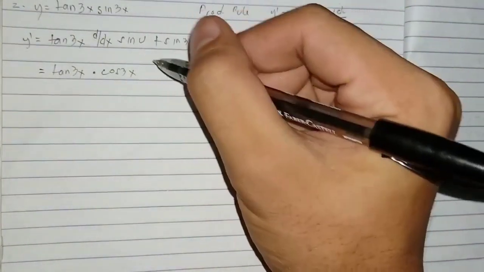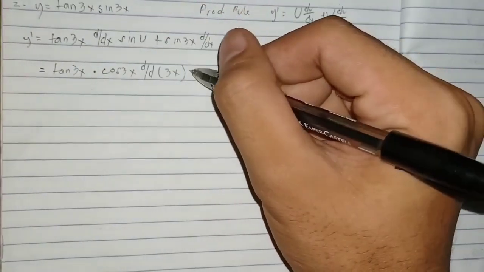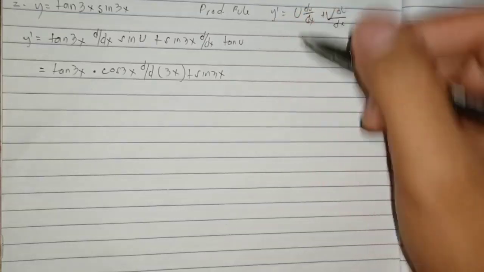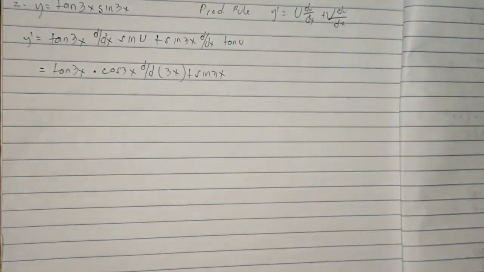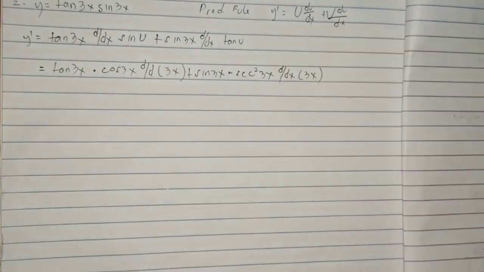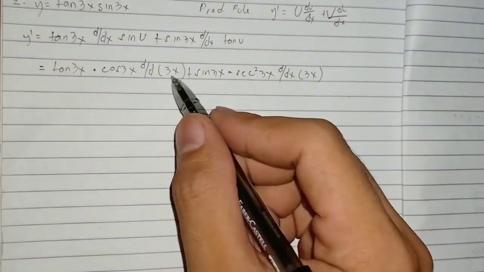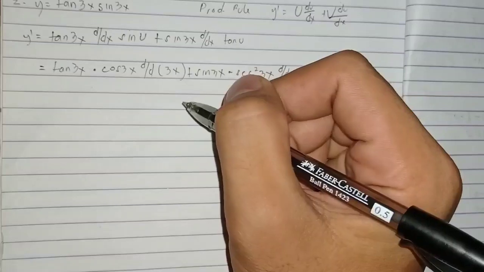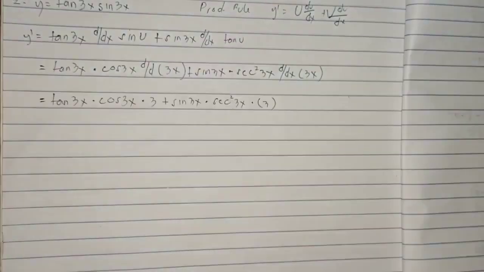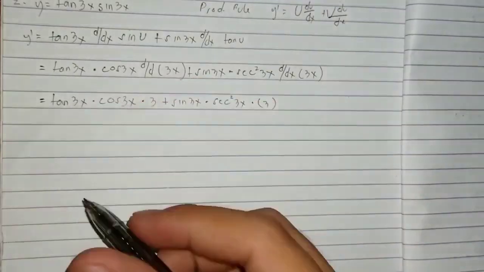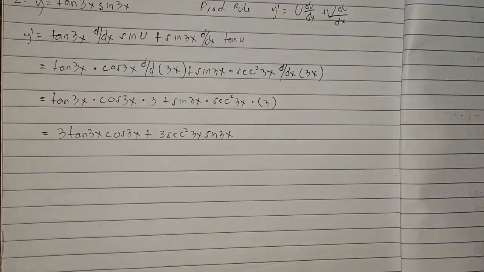So times the derivative of our function u, plus sine 3x times the derivative of tangent, which is secant squared times the derivative of the function inside our tangent. Okay, so simplify it. The derivative of 3x is simply 3 because the derivative of x is 1. So 3 times 1 is 3. So simplify it further. We can move the 3 in front of our function. We can leave it like that, or we can simplify it further.